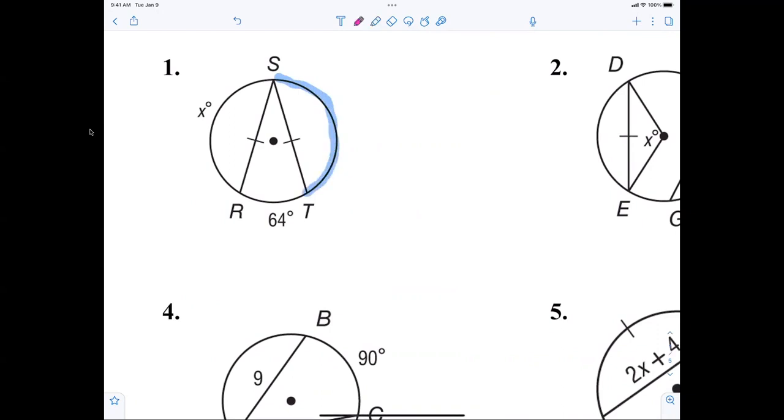X, most definitely. That is X degrees. So now everybody needs to calculate X. Tell me, how did you get that? 360 minus 64 divided by 2. And what is that again? 148 degrees. Everybody's good?